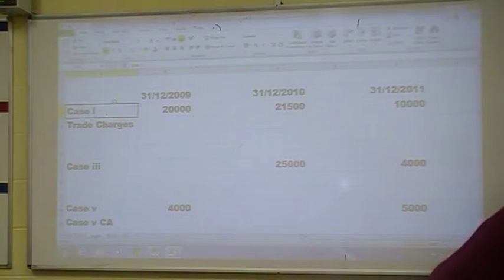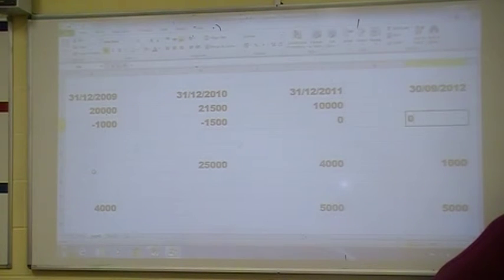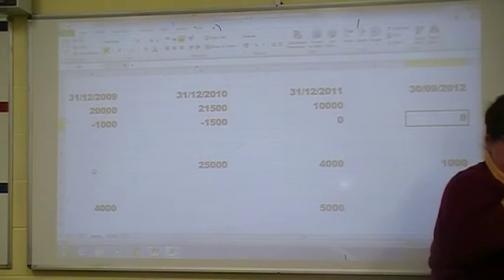Okay, to pay my trade charges, 2009 and 2010, and none in 11 or 12.